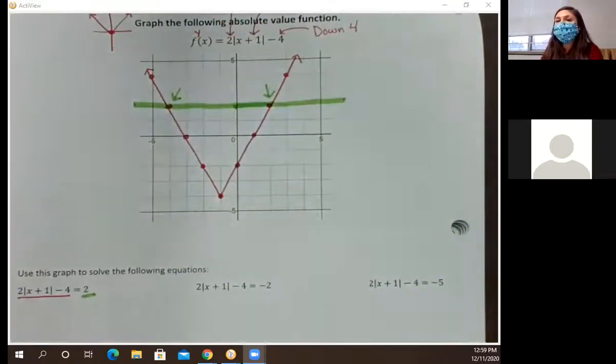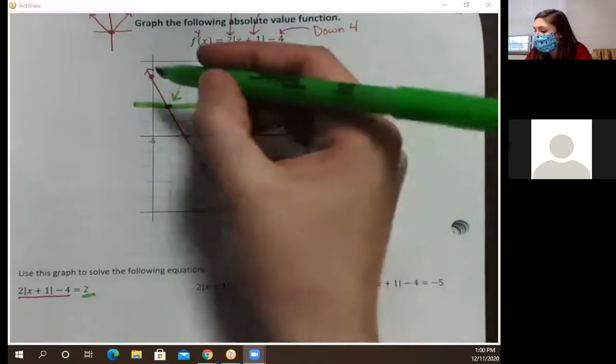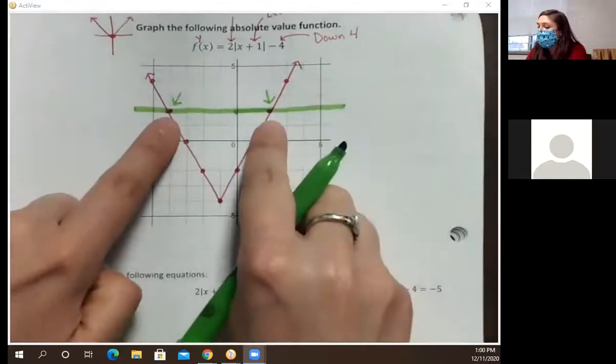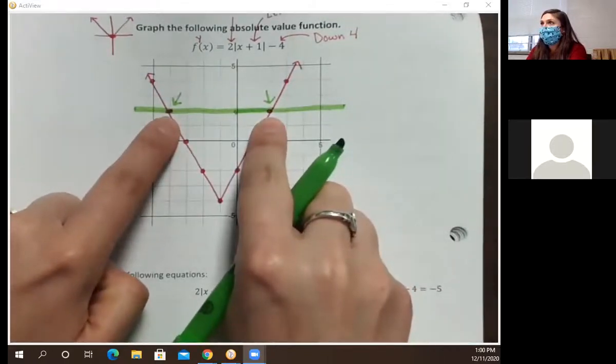That's why we're talking about this as part of our systems of equations unit. That's how we started solving systems of equations. We graphed this line, we graphed this line, we looked to see where that intersection was, and that was our solution. Same idea here. I graphed my absolute value, I graphed 2, and I'm looking to see where they intersect.